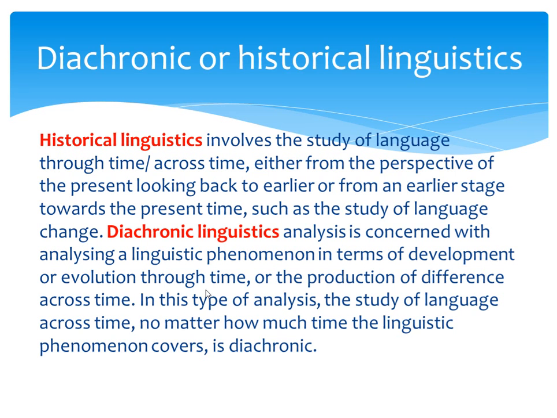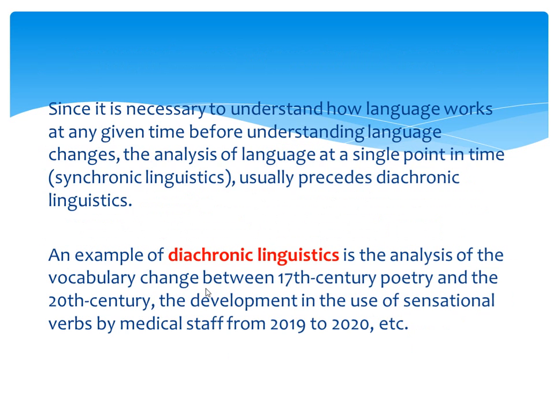It could be in years, for example the study of the use of vocabularies between Latin speakers and New English speakers, 17th century and the 20th century. And this is again a diachronic analysis, because we study language between 2 points or across time from the 17th century up to the 20th century.